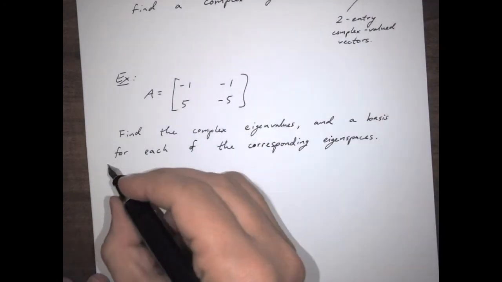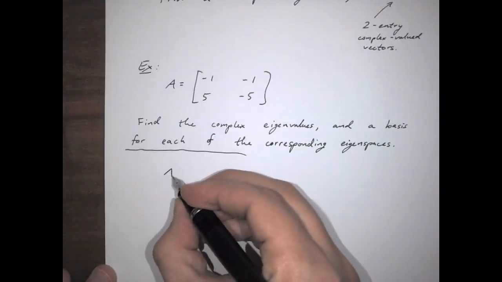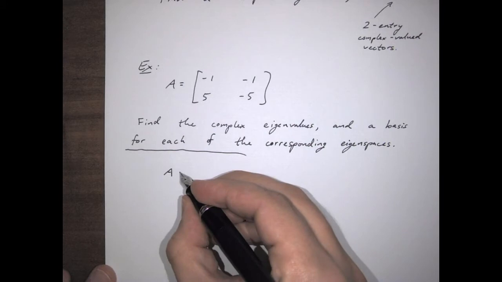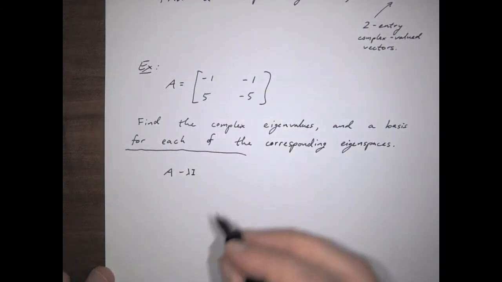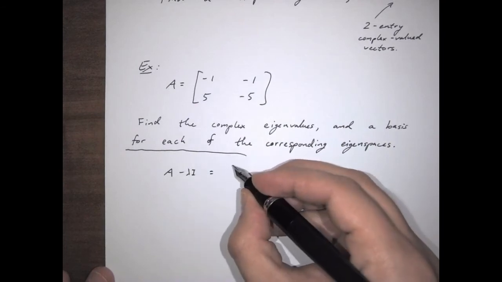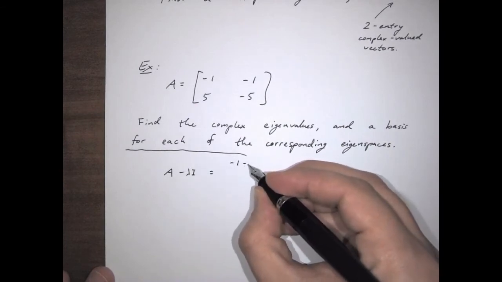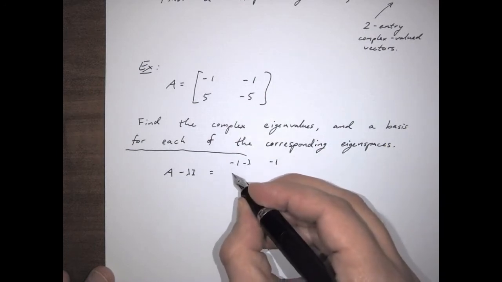Alright, so we start this the same way we would start any other eigenproblem. We don't know, just looking at this, what kind of eigenvalues it has. And so we set up the A minus lambda I, which means, of course, subtracting lambda along the main diagonal.